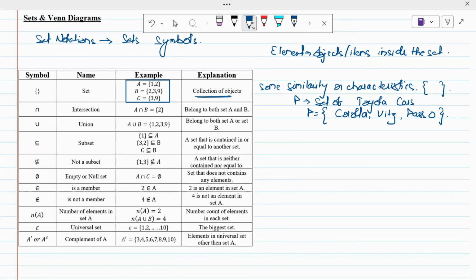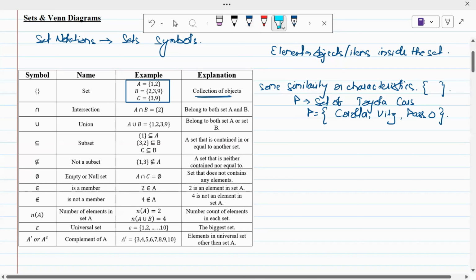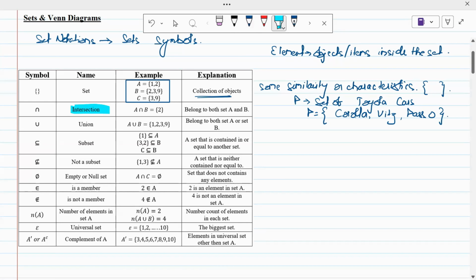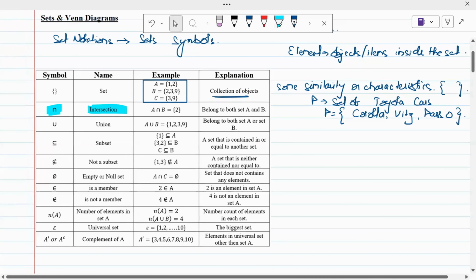The first symbol to go for is called intersection, which is represented by this kind of N. It's not exactly N, it looks similar to N. What is the speciality of the intersection symbol? It looks for the common elements between the two sets.